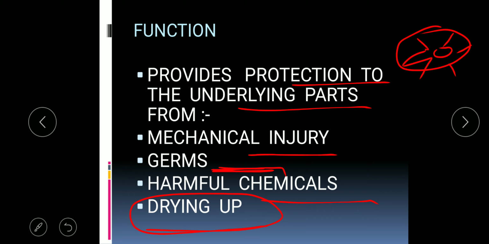Otherwise, the inner lining or inner part will be exposed to the surroundings, and in that way the water content of the body will be lost by evaporation. And when the water content of the body part is lost by evaporation, there will be drying up of the tissues, and the tissues or organs will die. So that is why this tissue also prevents drying up.